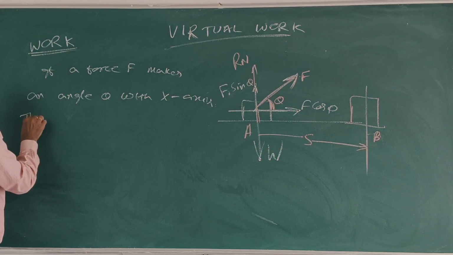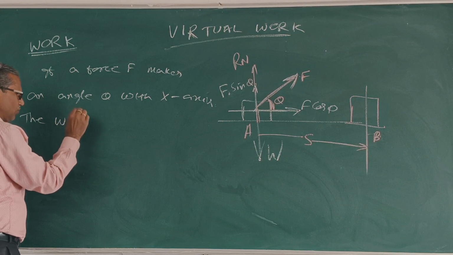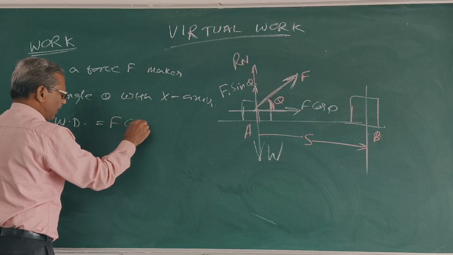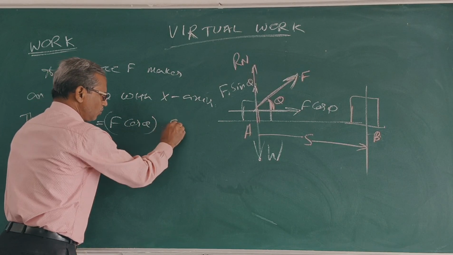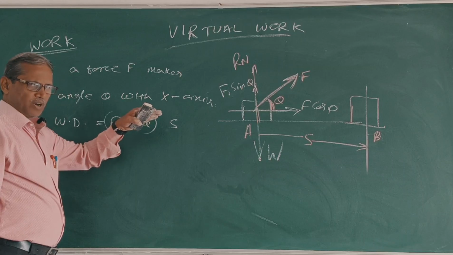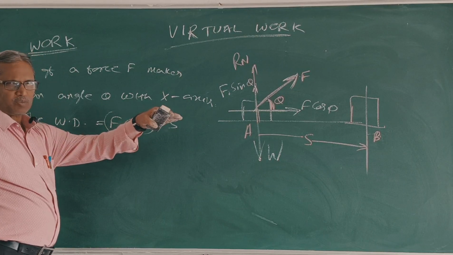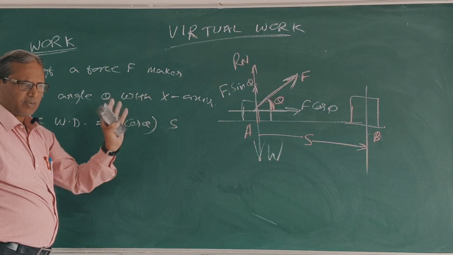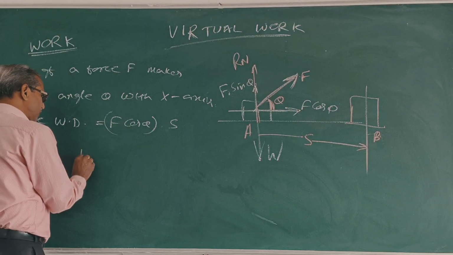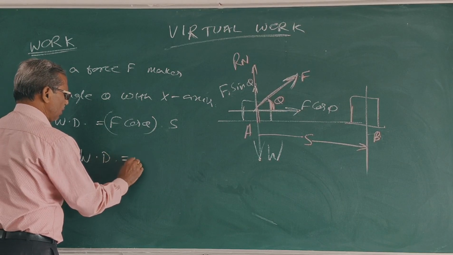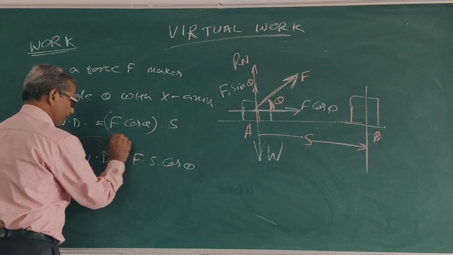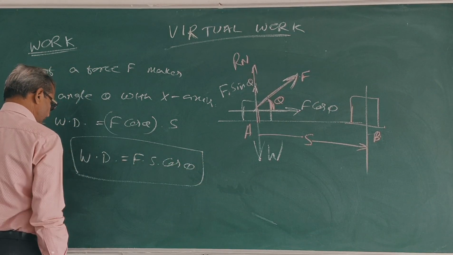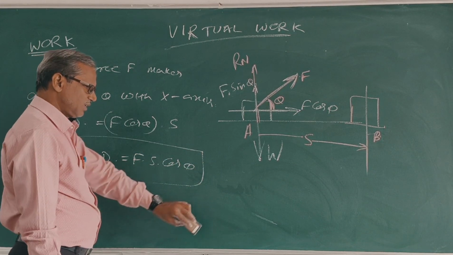Then work done is equal to F cos theta into S. The component of the force along the motion of the body into displacement. So work done is equal to F S cos theta. Right? This is work done.